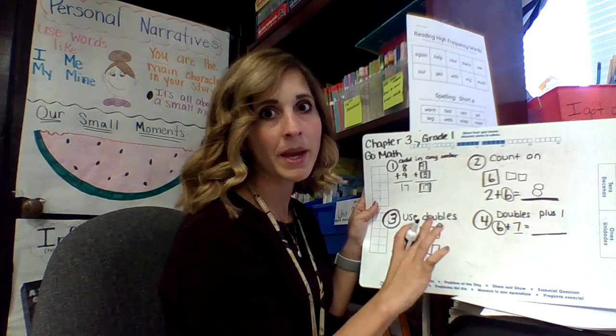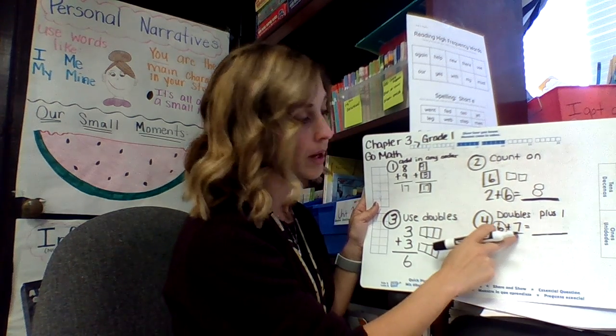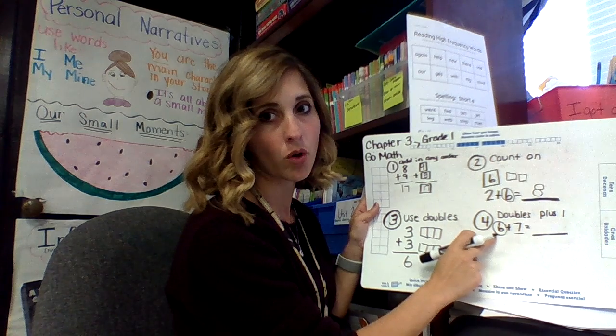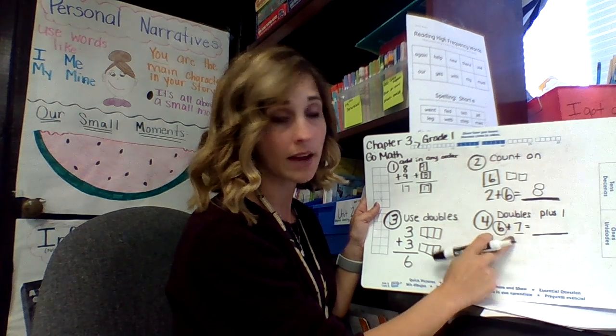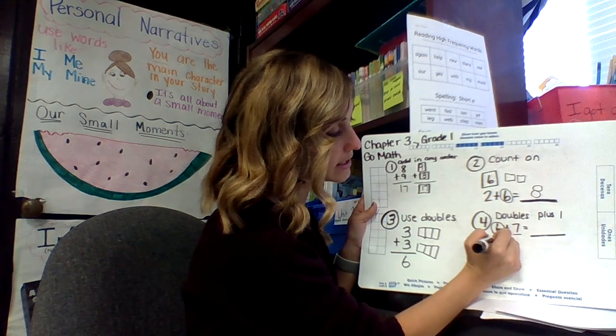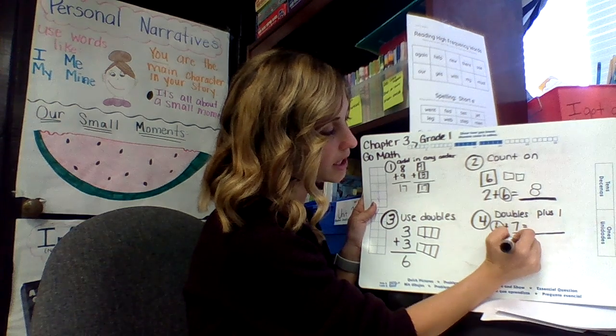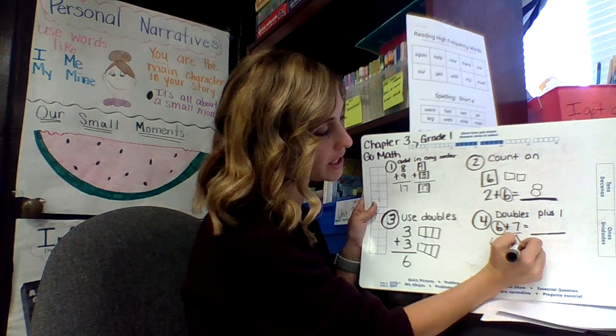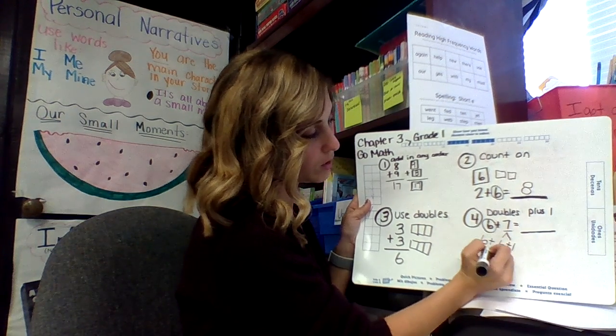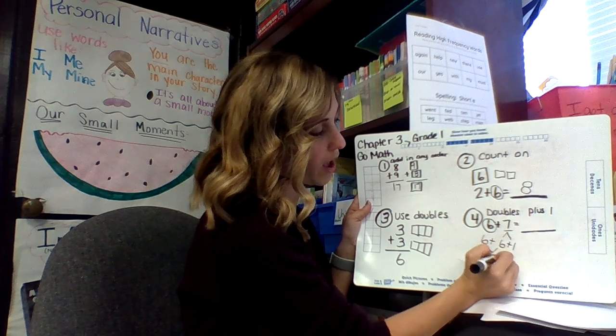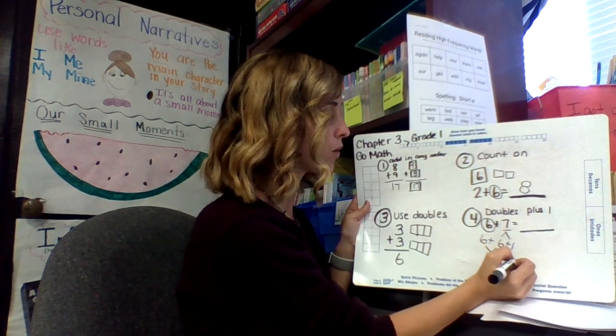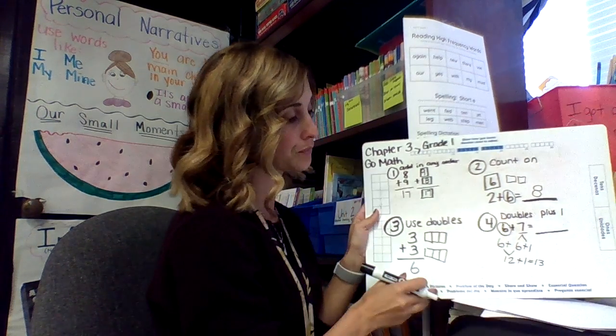So what that means is we can break apart the bigger number to make this into a double. So we know 6 is close to 7. So we could say 6 plus, and if we broke this one up, it would be 6 plus 1. We know 6 plus 6 is 12 plus 1 equals 13.